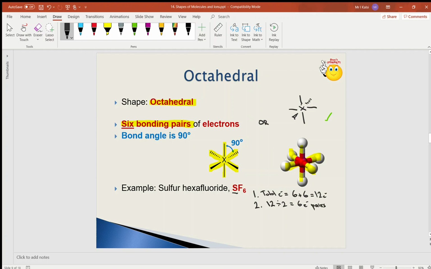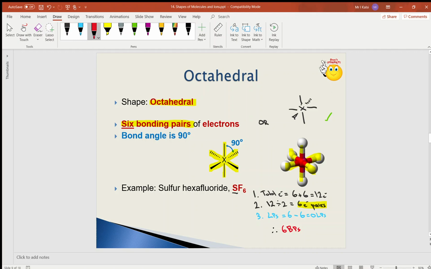What we then do is work out the number of lone pairs. So the number of lone pairs is equal to this number here, which is 6, take away the number of atoms around the center, which is 6, and that will give us 0 lone pairs. So my conclusion is, out of these 6 electron pairs, they all must be bonding pairs, because I have no lone pairs at all. So 6 bonding pairs of electrons.